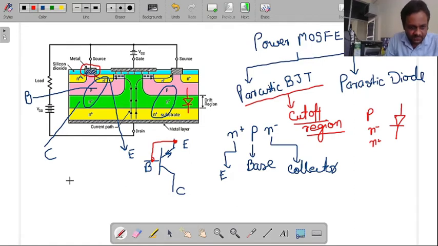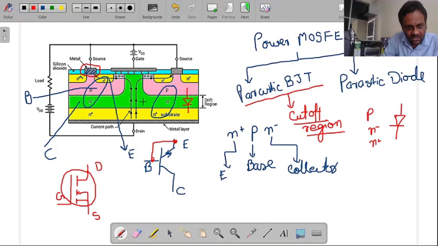If you go towards the symbolic representation, this is your gate, this is your N channel, so this is your MOSFET, this is your drain, this is your source.